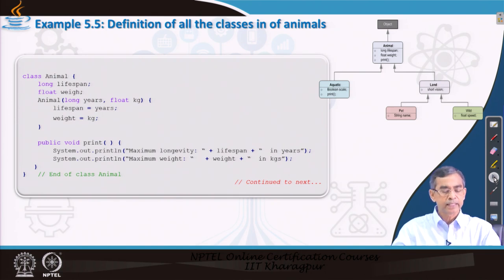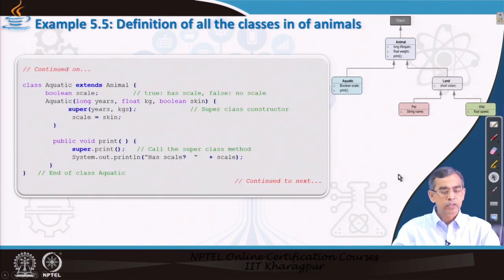Now, likewise there is another class, the aquatic class. The aquatic class extends animal by inheritance, and this is the print method that we declare. All these class declarations are simple.